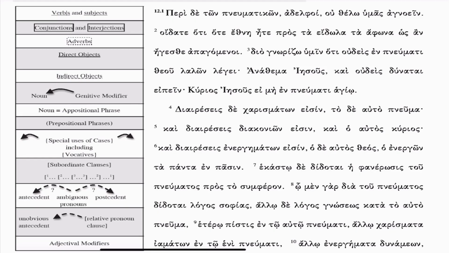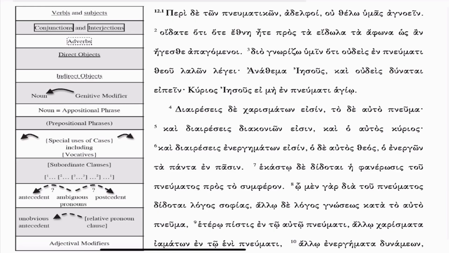You can see the legend on the left of how to mark things up, and I'm going to produce a course for Glossa House, available maybe within the next month or two, on how to do this, but I'm going to explain it as we do it.